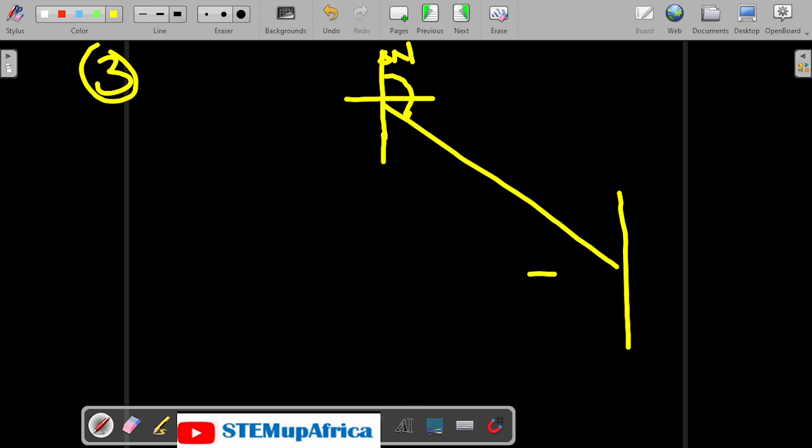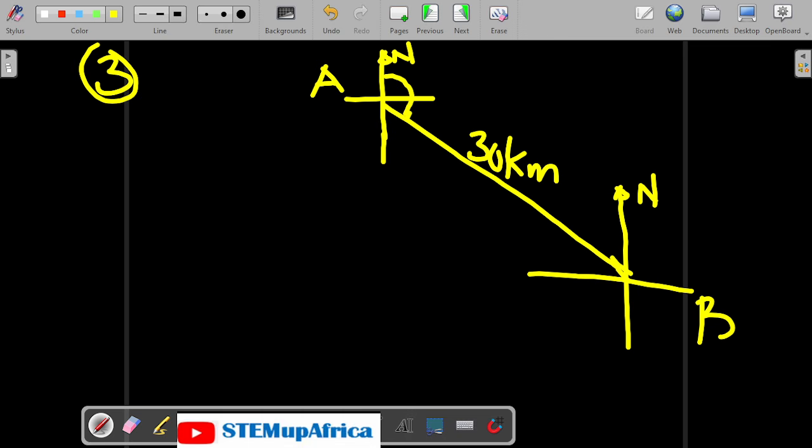Here is also the north. So this distance is simply 30 kilometers. Let's say she started from point A to point B. The bearing of B from A is 145 degrees. So what will be the remaining part?